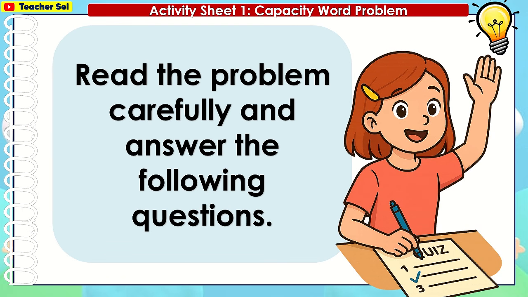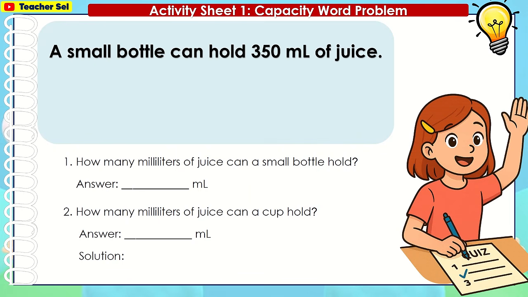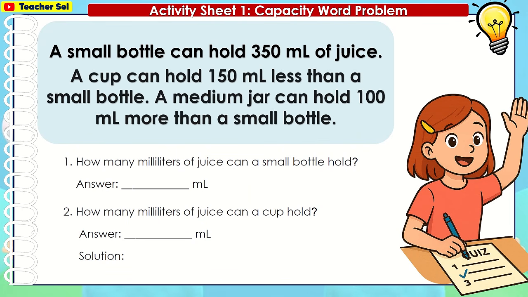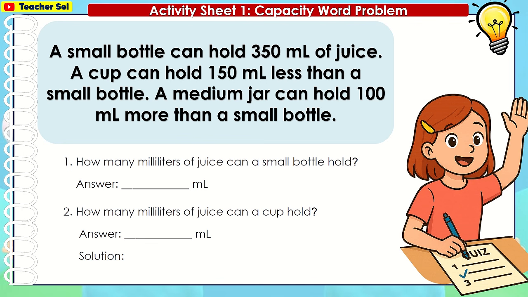Activity Sheet 1, Capacity Word Problem. Read the problem carefully and answer the following questions. A small bottle can hold 350 milliliters of juice. A cup can hold 150 milliliters less than a small bottle. A medium jar can hold 100 milliliters more than a small bottle.